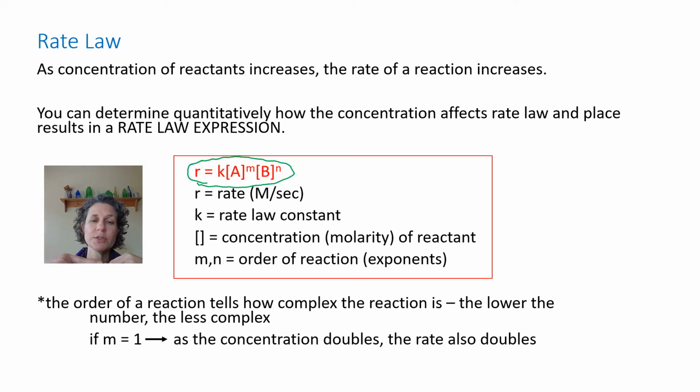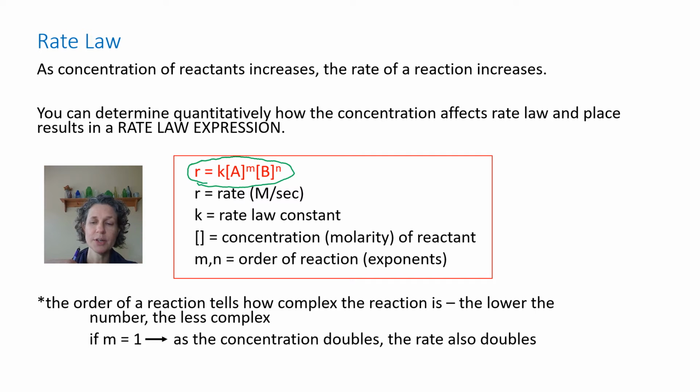Then you have the concentrations. If you're reacting with two different reactants, you have the concentration, typically in molarity, of those two reactants. That's going to be given information. And then you can determine the order of the reaction, which is basically the exponents. What power are they raised to? The order is important because it can tell you how complex a reaction is.